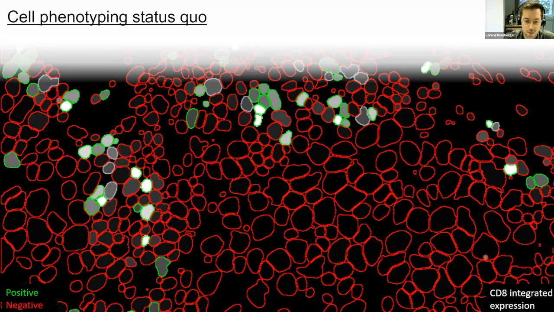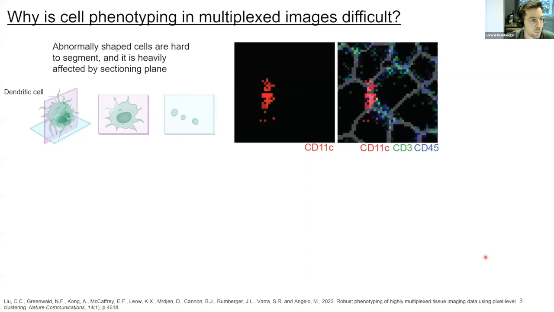That's why there are things like cell clustering, where you can scale this over millions of cells. So why is cell phenotyping in multiplex images so difficult? You sometimes have oddly shaped cells, like dendritic cells, where the segmentation is highly dependent on the sectioning plane.